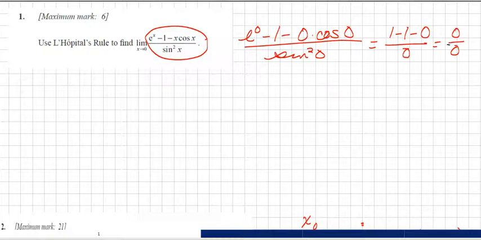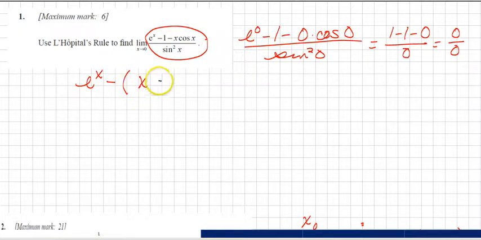All right, the next step in L'Hopital is to take the derivative of the numerator and the derivative of the denominator. So the derivative of the numerator, the derivative of e to the x is e to the x. Derivative of 1 is 0. And then we'll go minus the derivative of x cosine x. Well, x cosine x is a product, so here goes the product rule.